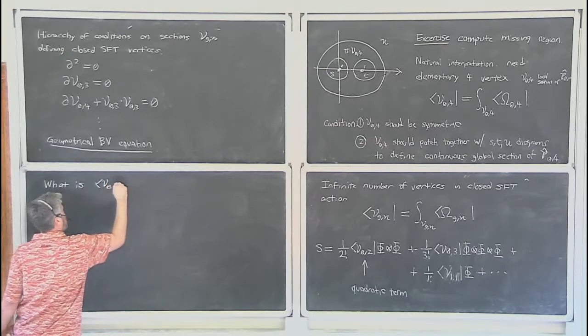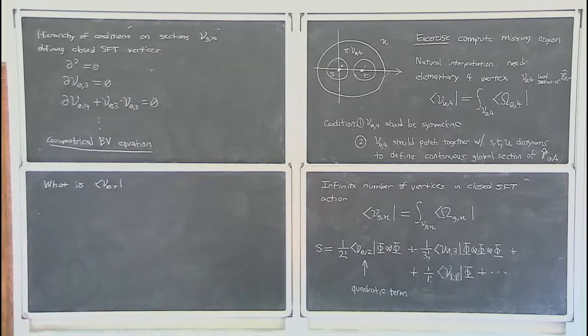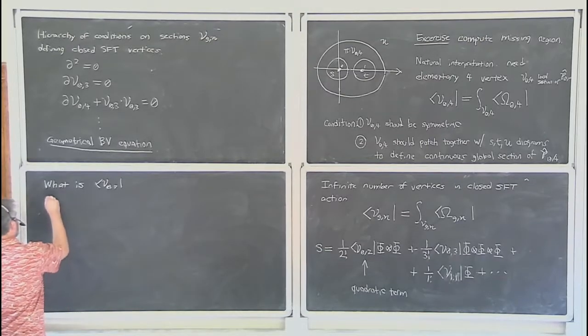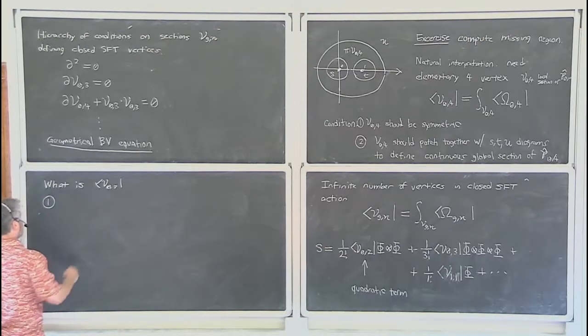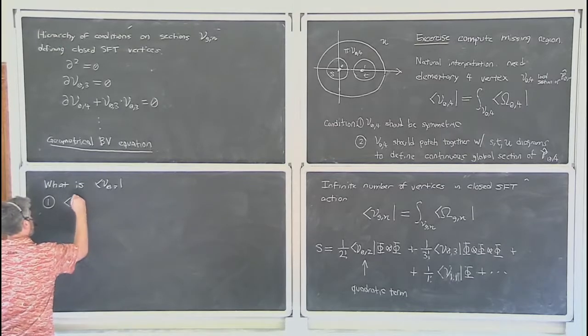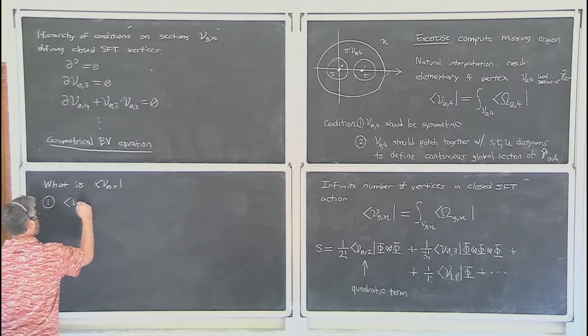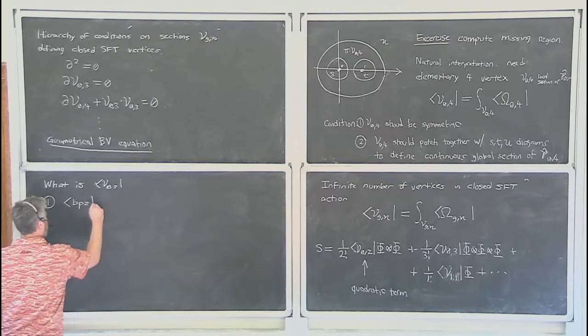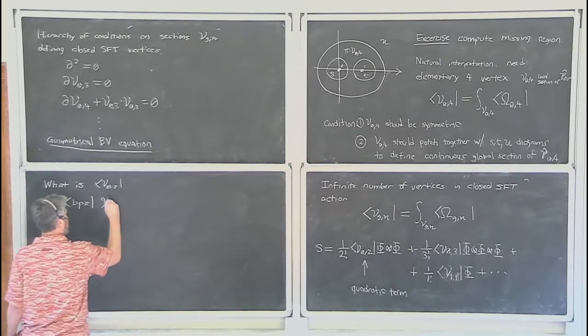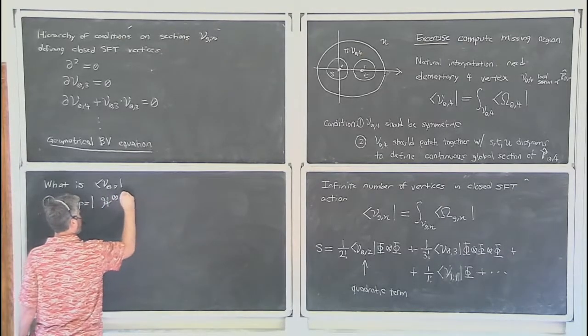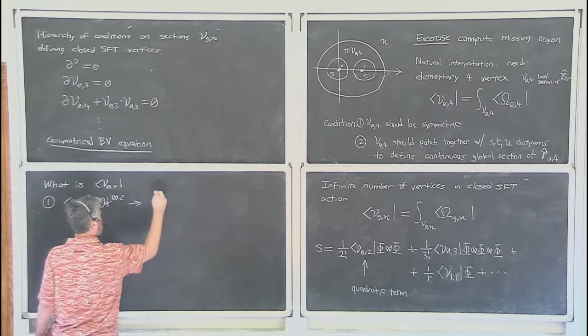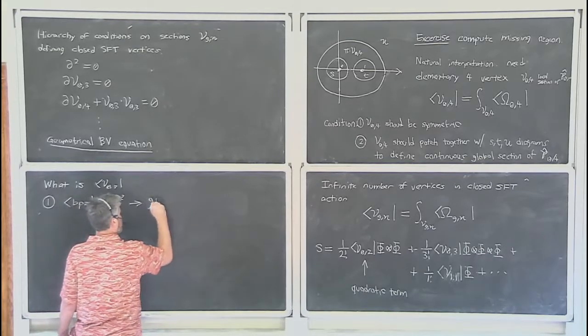So the question is, what is V02? The first ingredient we need to define V02 is the BPZ inner product. This is a map from H tensor 2 into H tensor 0.